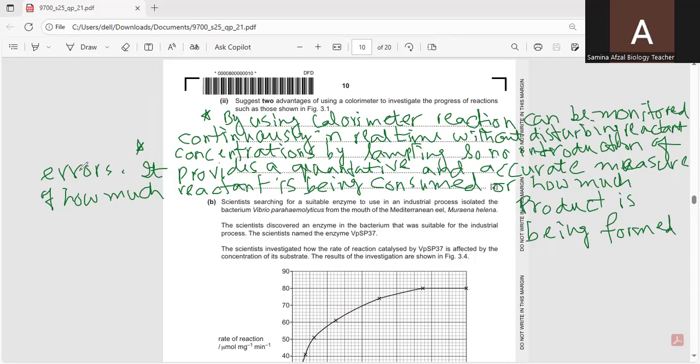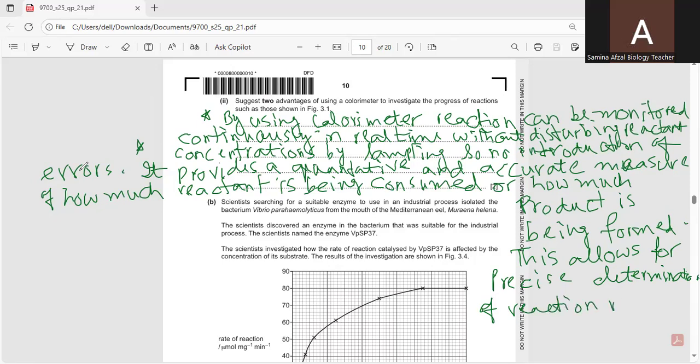So this allows for precise determination of reaction rates and the point of equilibrium.